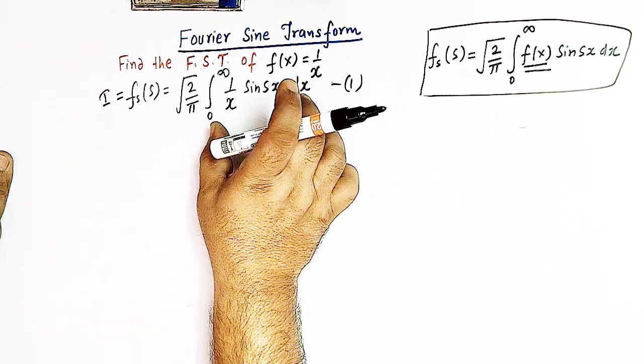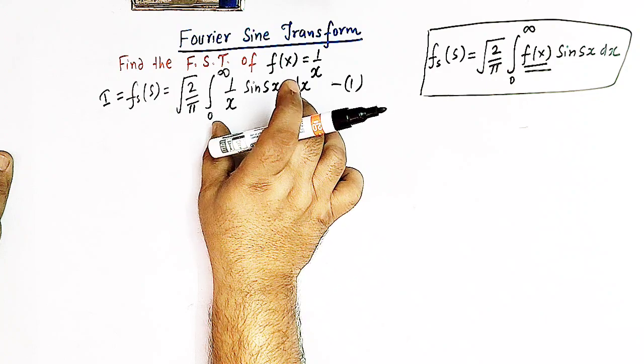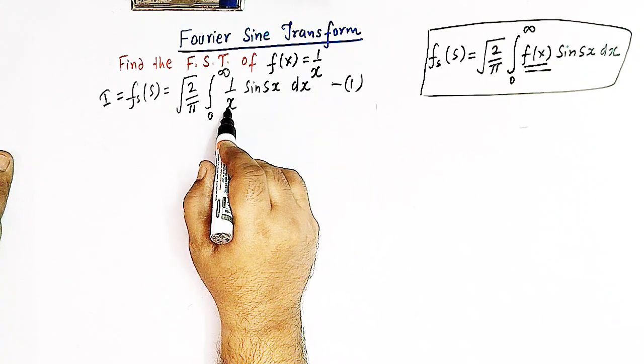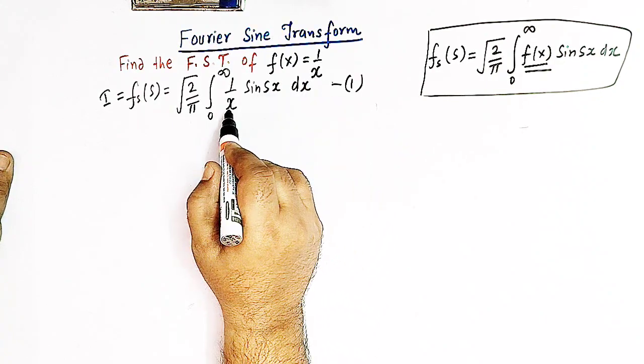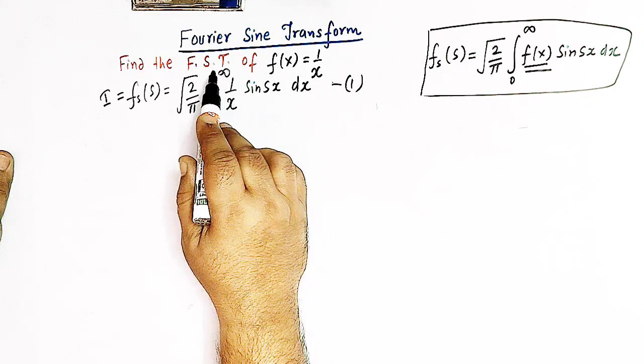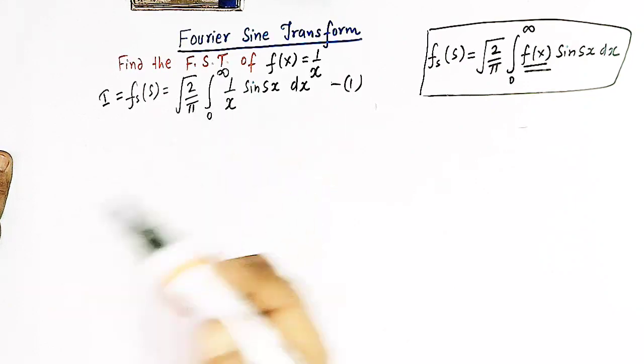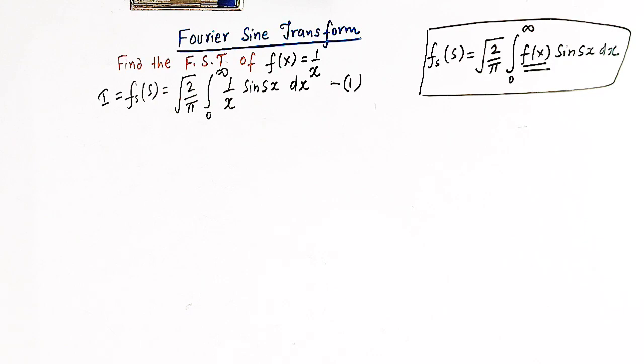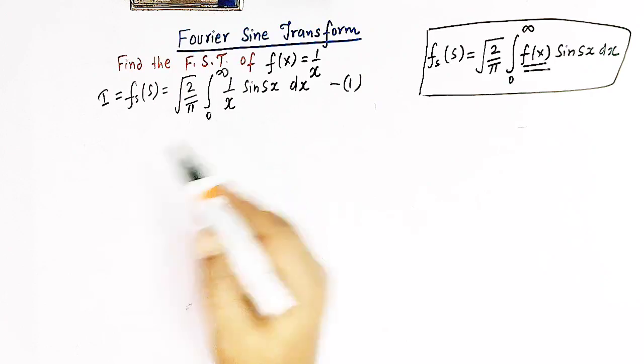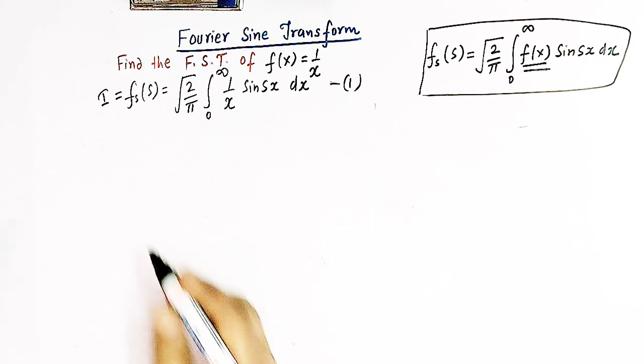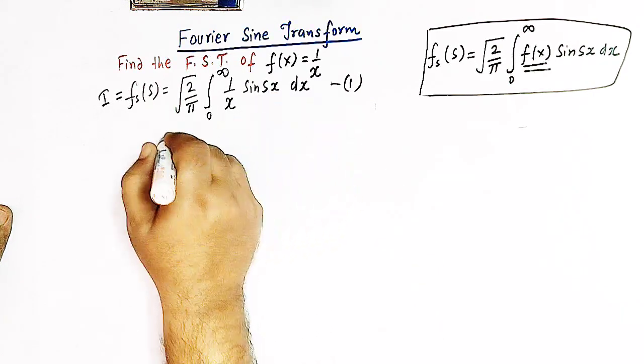So now our aim is to find out the value of this integral, and here we'll try to reduce this integral into the famous integral of Dirichlet, right? So we'll reduce this integral to a Dirichlet integral by making the substitution.